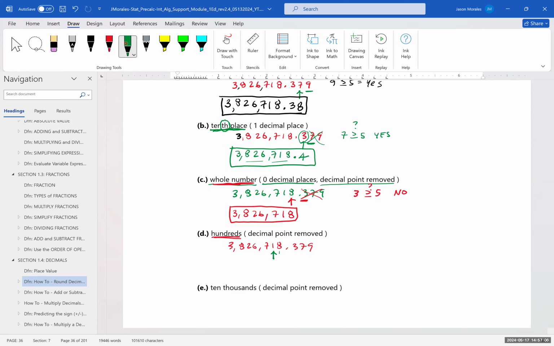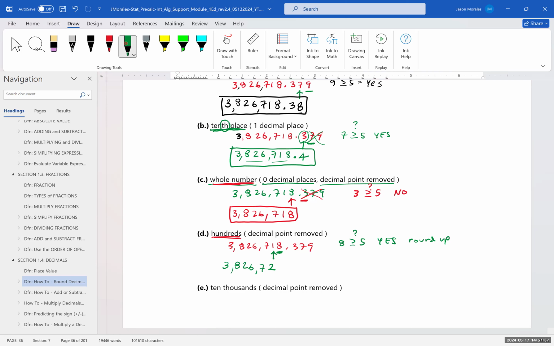All right, so the hundreds place is the second place to the left of the decimal point. So we're going to underline the digit just to the right of it, and then ask, is 8 greater than or equal to 5? And since the answer is yes, we'll round up. So we're going to round the 1 to a 2, and then we'll put the rest of the other numbers in.